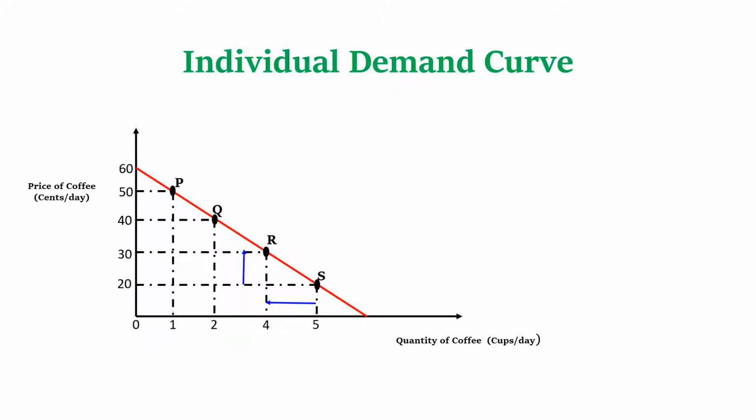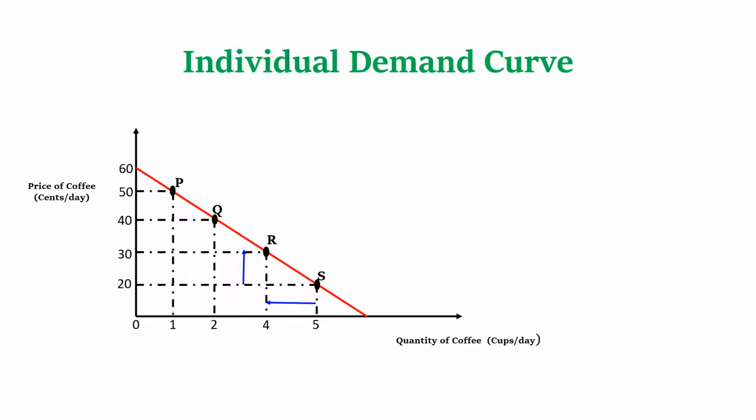Okay? And so we see that when price is increasing, the demand falls, and when price is falling, the demand will increase. So what do you observe here? There is one thing we observe here.